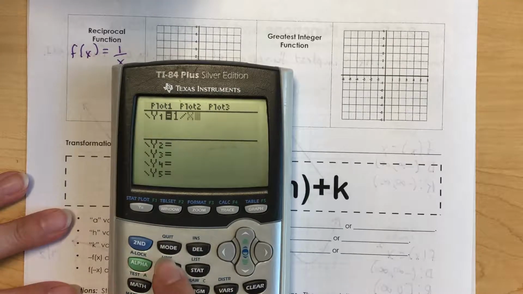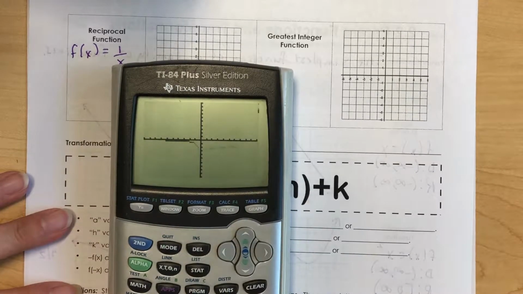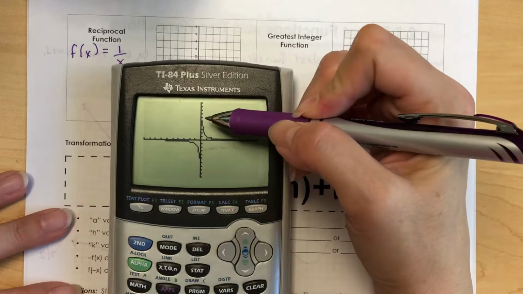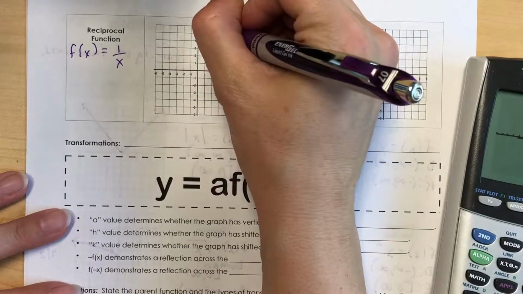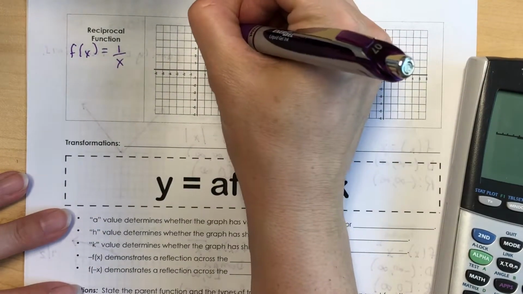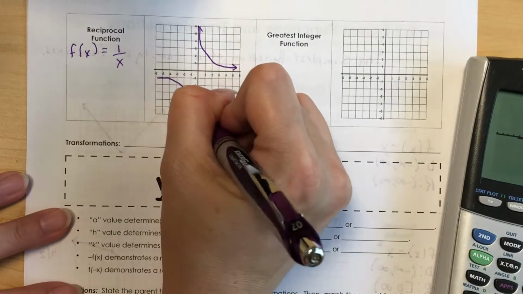One divided by x and graph. So what have we got here? Basically, we have a shape that looks like this in the first quadrant, and then it's shaped like this in the third quadrant.